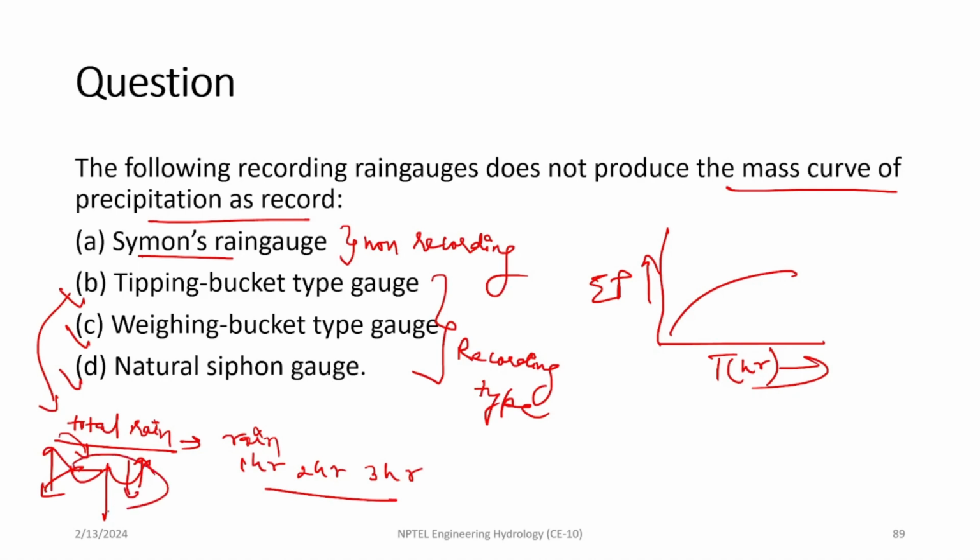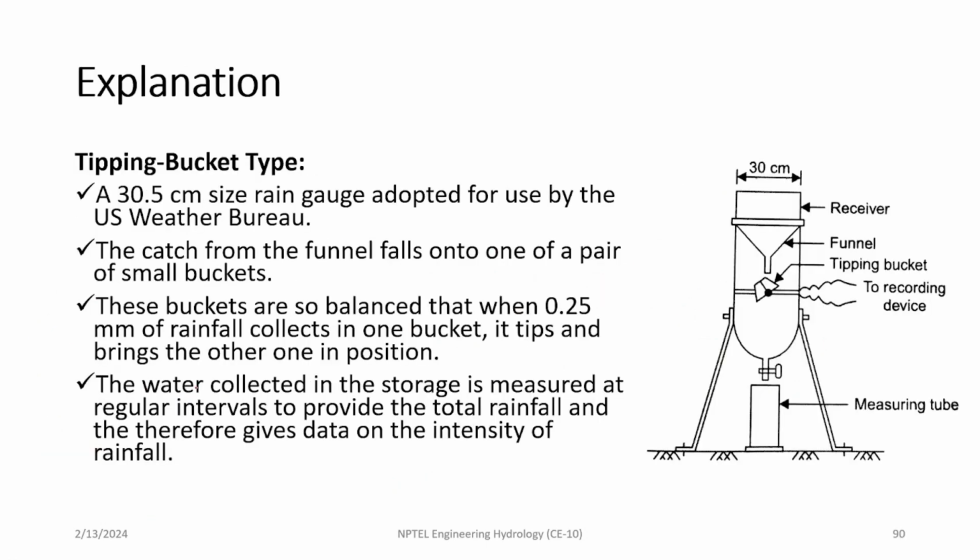So based on this balance, it gives a total rainfall. The remaining ones, the weighing bucket type and the natural siphon type of rain gauge, provide the mass curve.